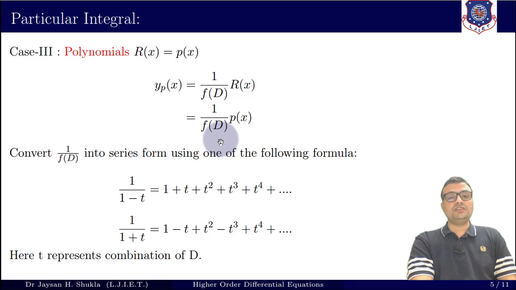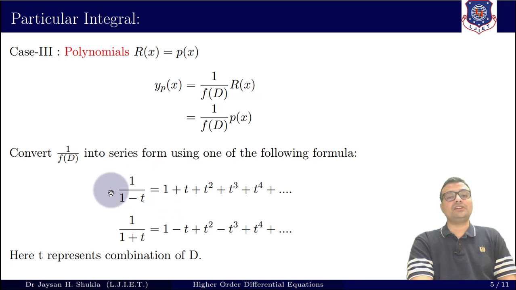If it is a constant number, take that constant number outside the bracket from the denominator, or if it is the lowest power of D, take that power of D common from the denominator. So it will generate 1. And then you can write the given f of D in one of these two possibilities, 1 minus t or 1 plus t, where t is a combination of D. Then later on you can take the series expansion of this.